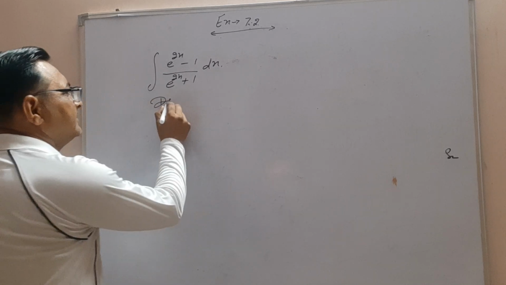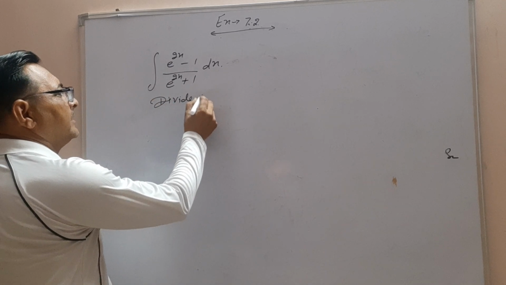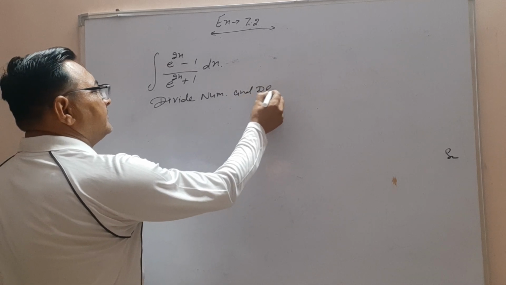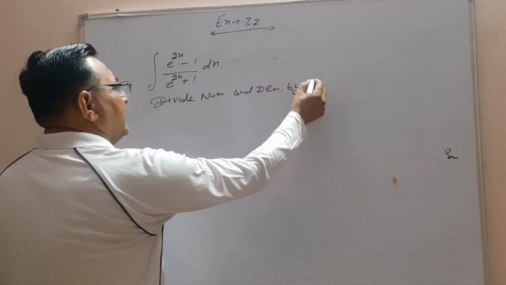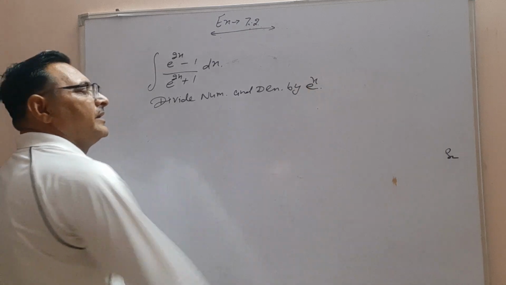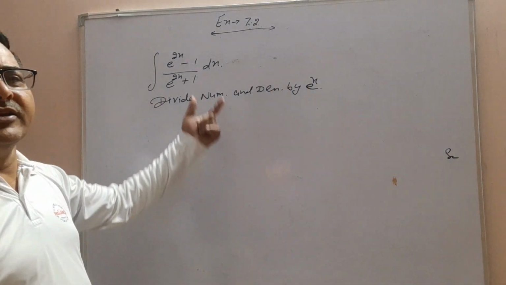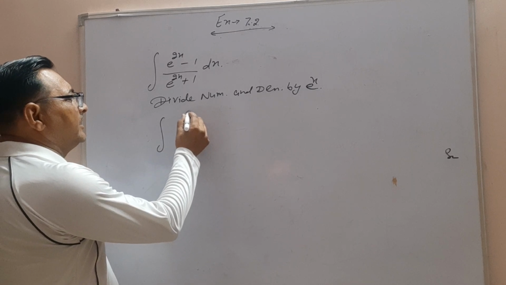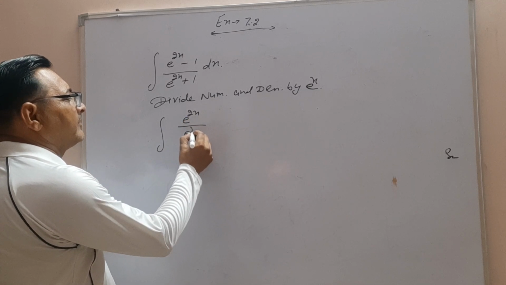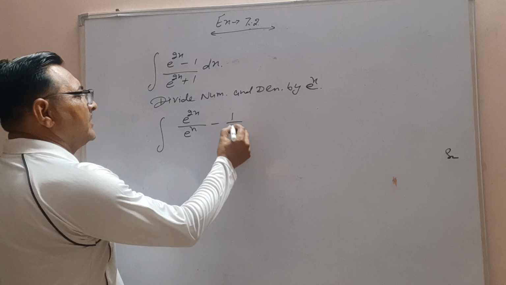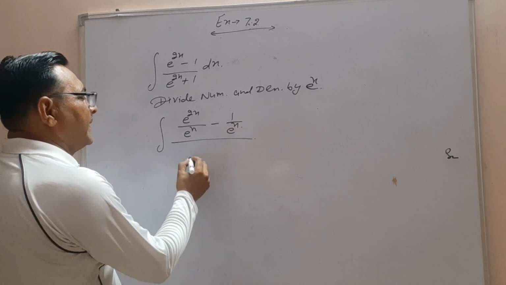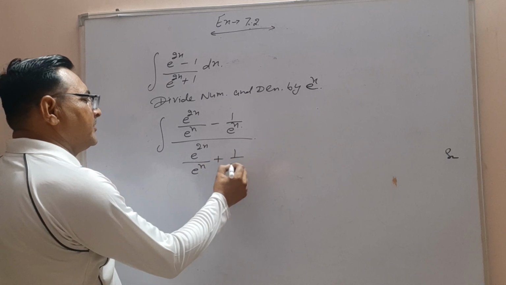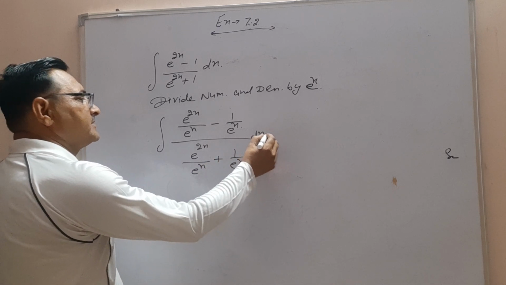we will divide numerator and denominator by e^x. Dividing numerator and denominator by e^x, what you will get: e^(2x) upon e^x minus 1 upon e^x, e^(2x) upon e^x plus 1 upon e^x, into dx.